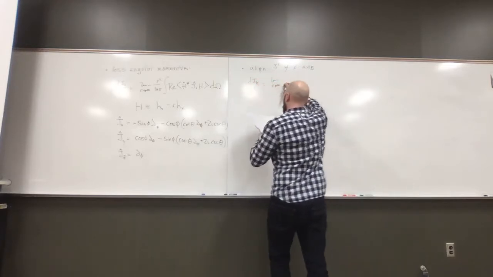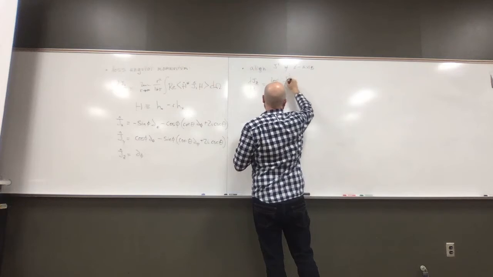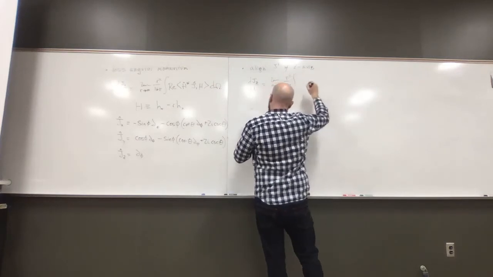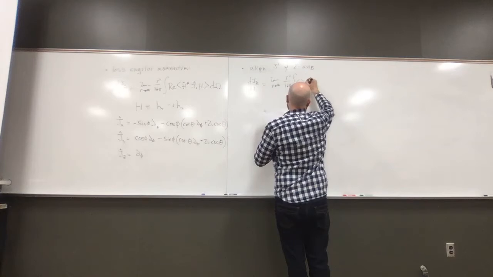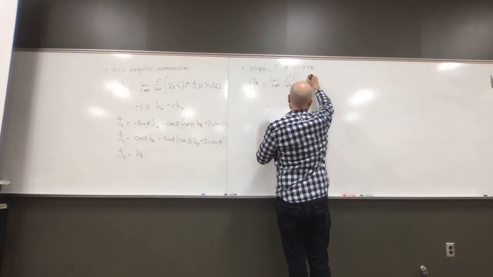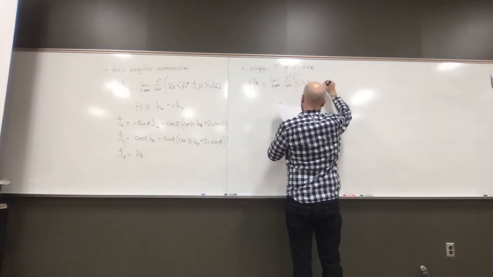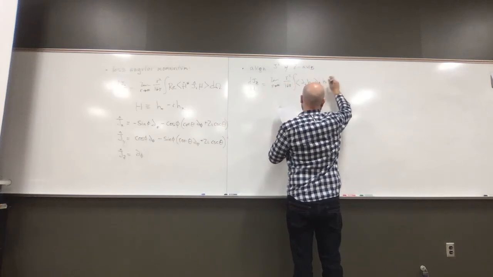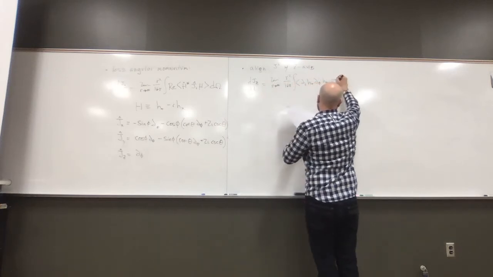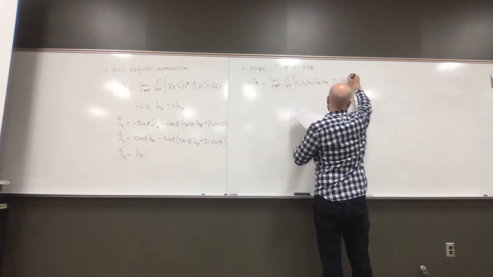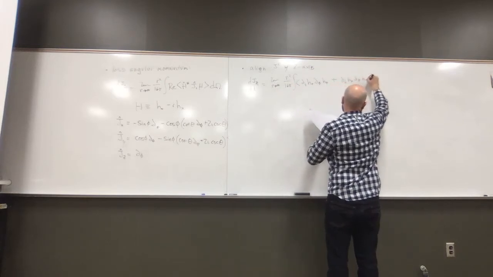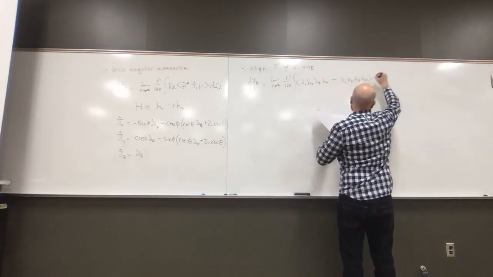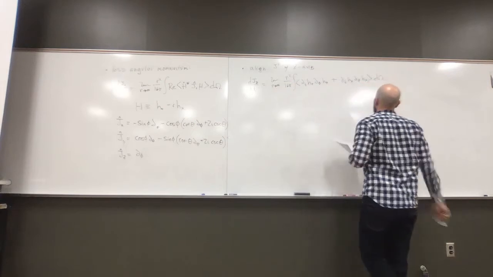Limit as r goes to infinity of r squared over 16 pi integral of the time average of the partial with respect to time of h plus partial with respect to phi of h plus partial with respect to time of h cross partial with respect to phi of h cross, close bracket, integrate over solid angle.